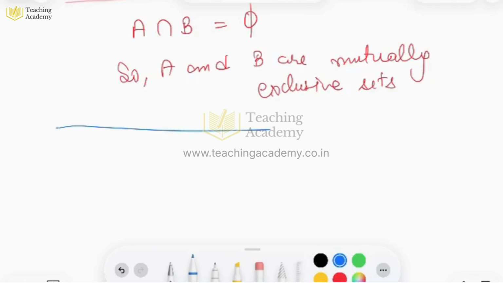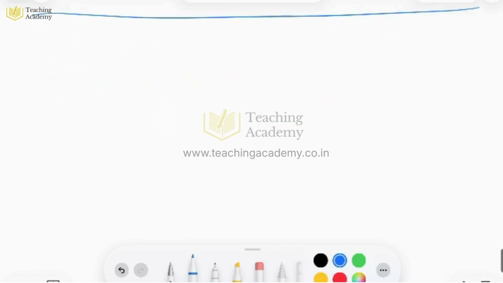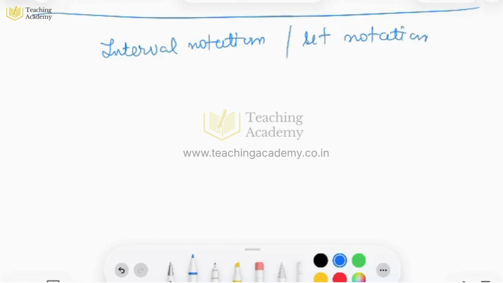Now comes a very interesting topic, that means interval notation, or we call it set notation. This is very interesting as this is used for set builder notation. How we write the set, how we denote all the things.